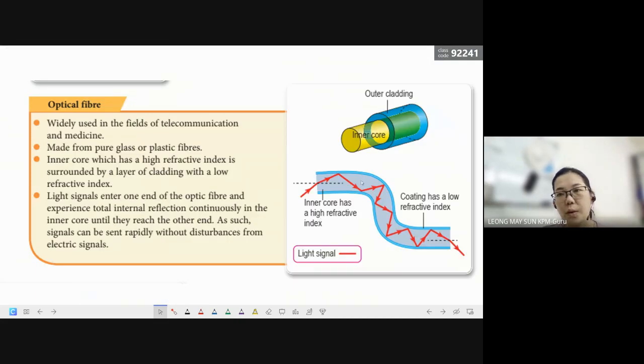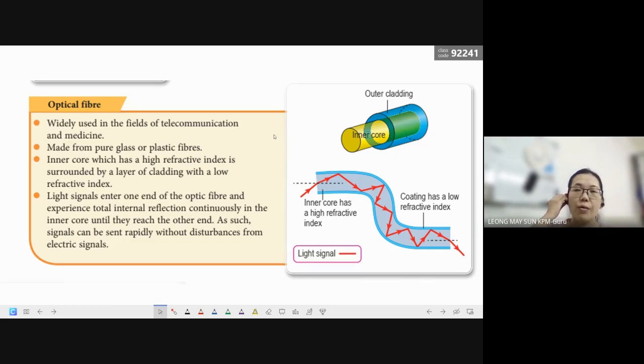So we're going to go into applications of total internal reflection. These are very important because in terms of physics and technology nowadays, total internal reflection is very important, especially fiber optics.